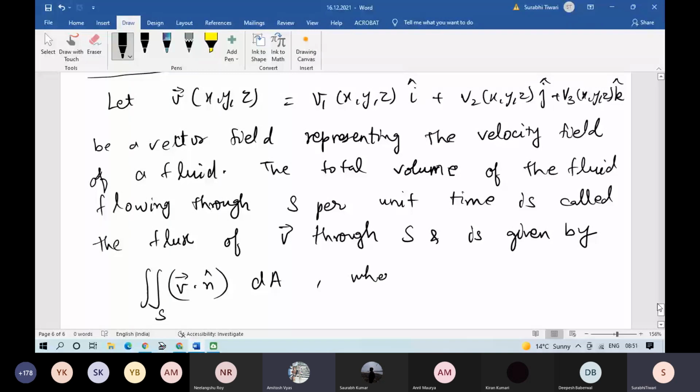Now what is n cap? Where n cap is the unit normal vector to the surface S.